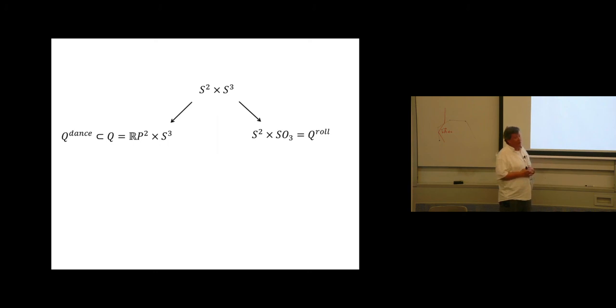You look at six-dimensional projective space, you use 7 coordinates, and you write the equation for a quadric. So the quadric that parameterizes these dancing pairs, which I call Q dance, is sitting in R6.